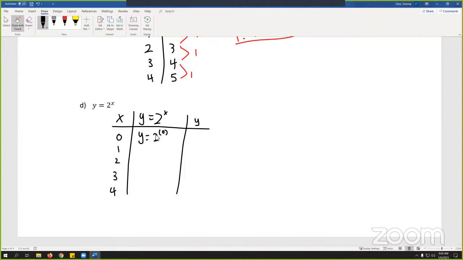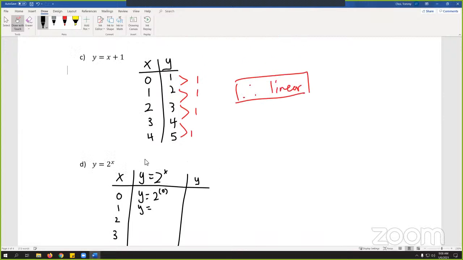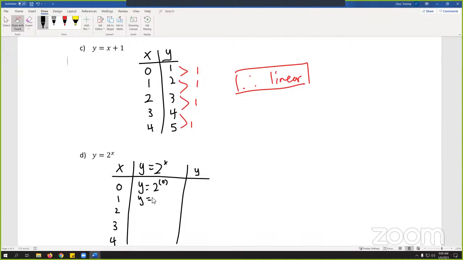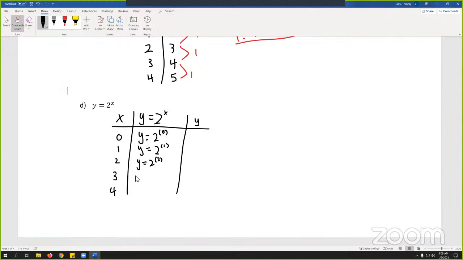Normally we have it as a regular number, but now it's an exponent, part of a power. And then, filling this out in the exponents, we get something like this.